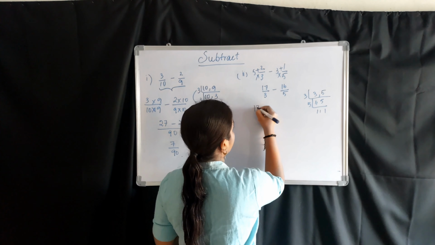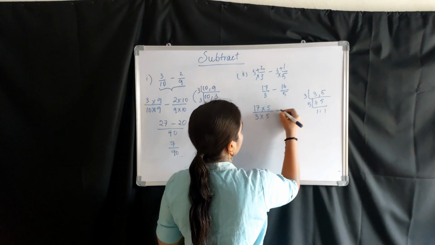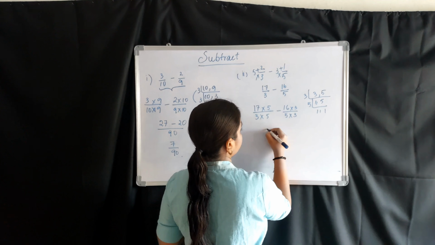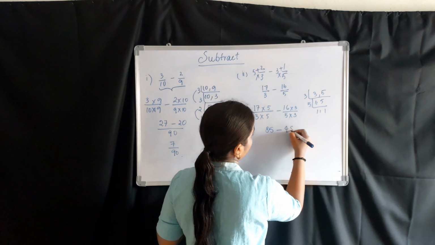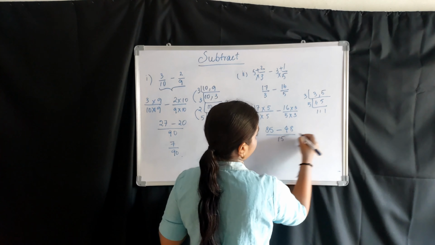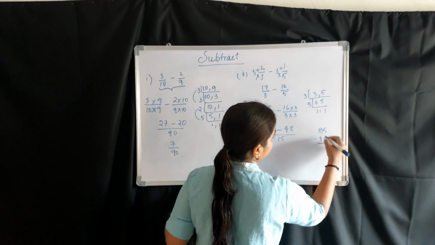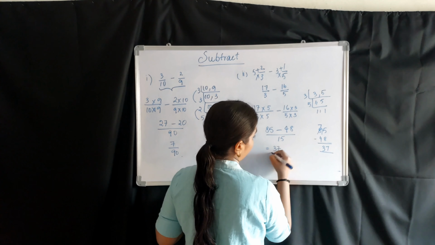So 17 into 5 minus 16 into 3, over 15. 17 fives are 85 and 16 threes are 48. So 85 minus 48 is 37 by 15.